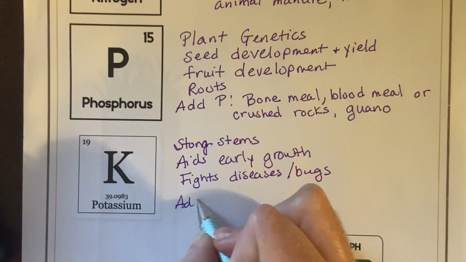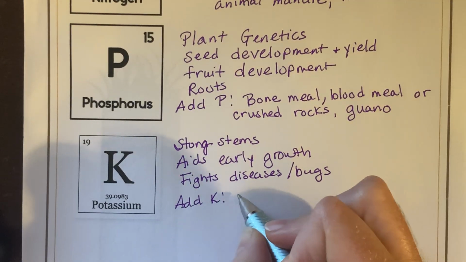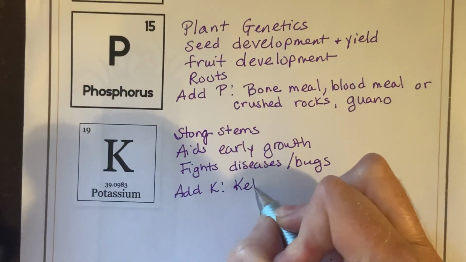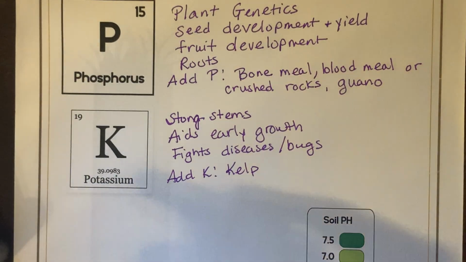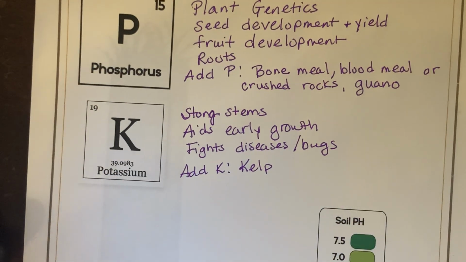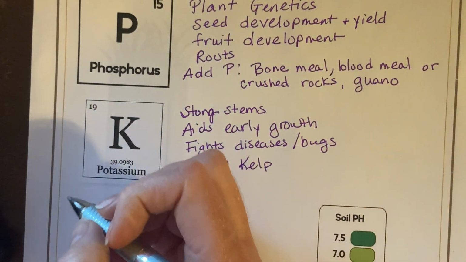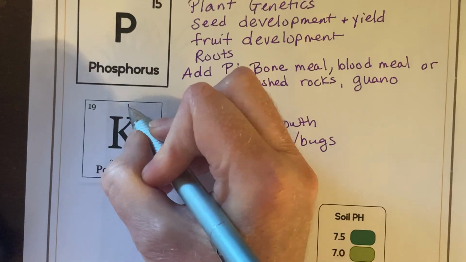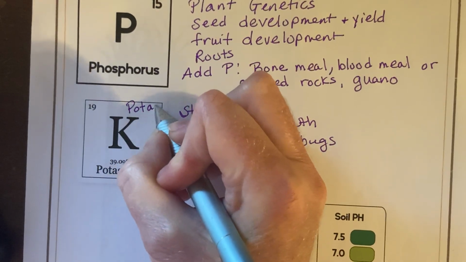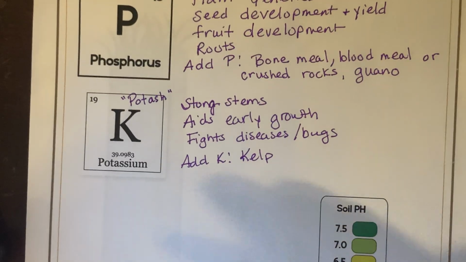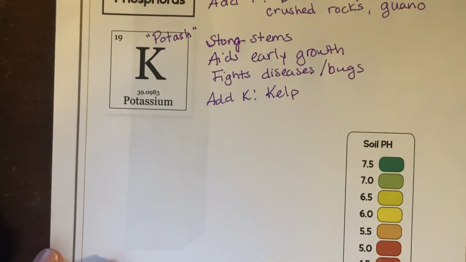You can add potassium naturally through things like kelp. They harvest kelp, seaweed in the ocean, and sell it as a type of fertilizer that's particularly strong in potassium. Sometimes potassium is called potash. It's a farming term for potassium. I don't know why, but they call it potash.